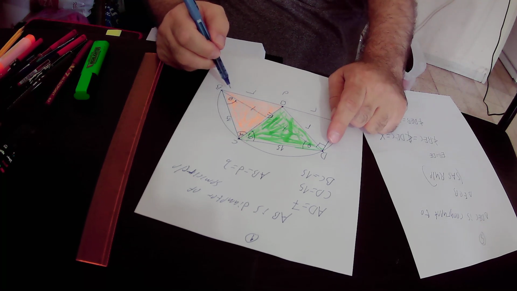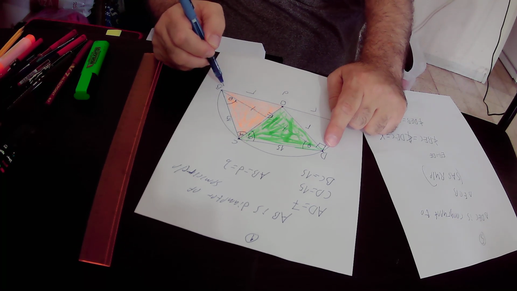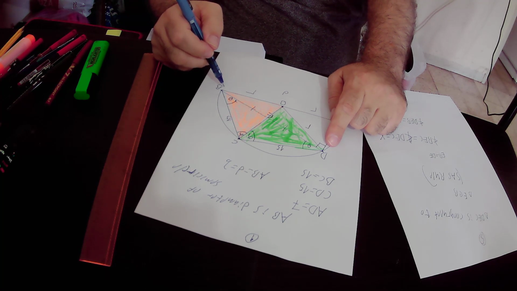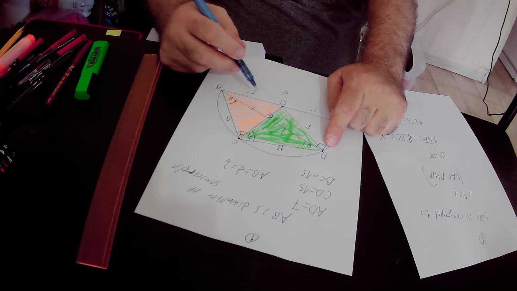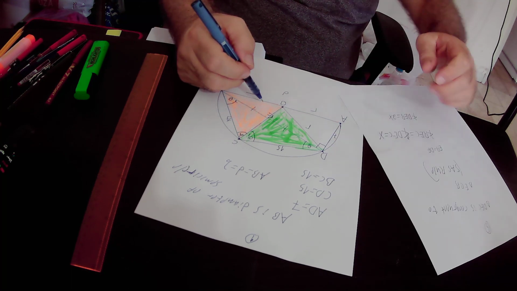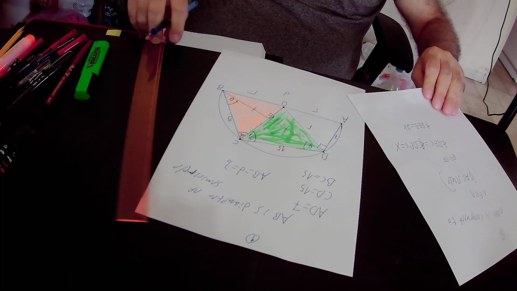But we know that BD is a straight line. We actually connected points B and D by a straight line. Therefore angle DEB, this angle, is 180 degrees.